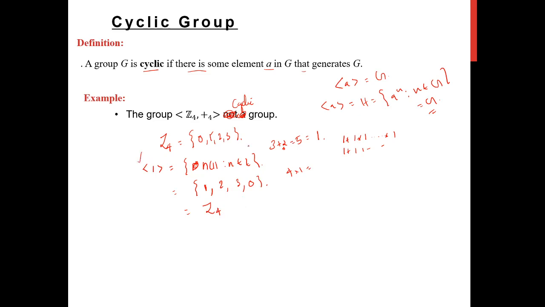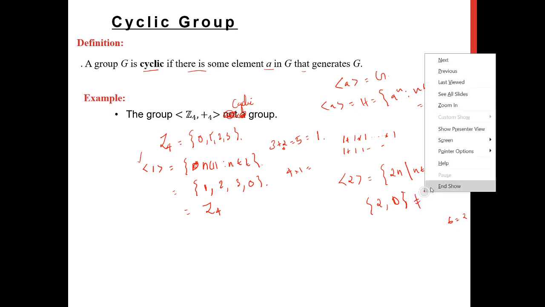And also we can check whether 2 generates. The set of 2n, where n belongs to Z, gives 2, 4 which is 0, and 6 which is again 2 when divided. So this is not equal to Z4.